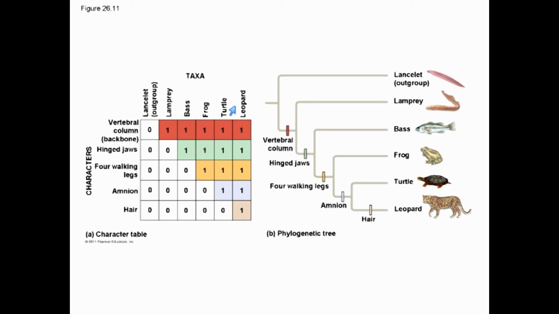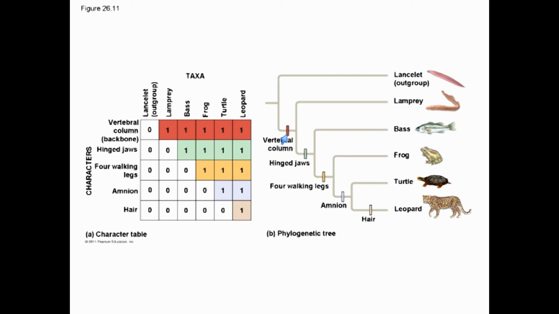We're going to look at these characteristics and when they came about. Here's our common ancestor, and the outgroup is the lancelet. This is that basal taxon, the taxon that is close to that common ancestor, if you will.